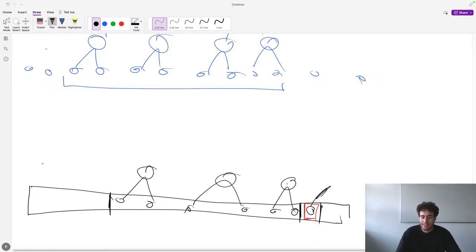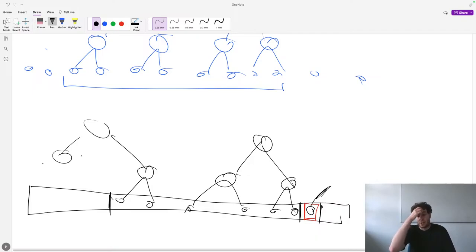And now I look at a segment of my parents. In this case, these guys are siblings, but this one has a sibling outside of my array, right? Outside of my query segment. So I have to take this guy, and I need to decrease the size of my segment. Now it's here.